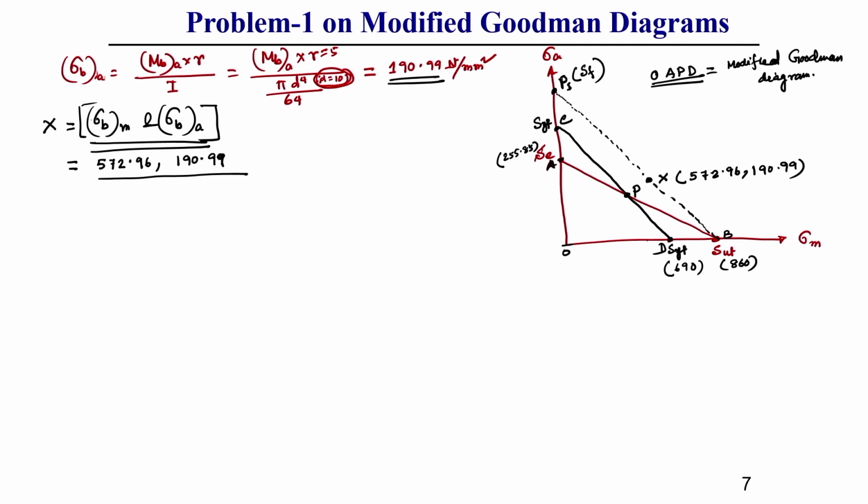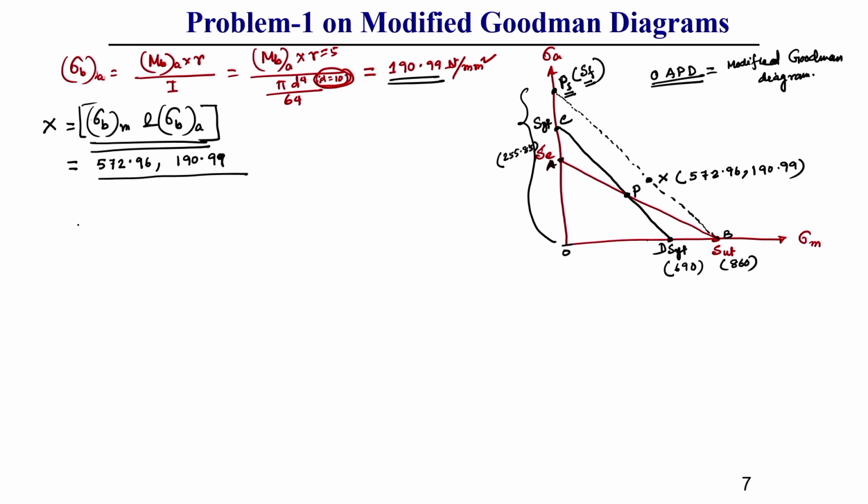After that we need to extend along the same direction of that line Bx, and after extending, this line cuts the ordinate at a point, let us consider P1. At this P1, whatever stress amplitude we get will give us the fatigue strength value of that component. You should keep this in mind.